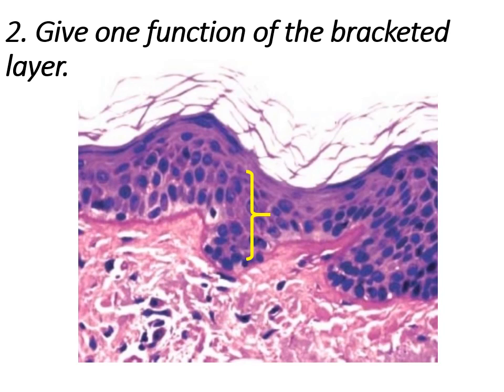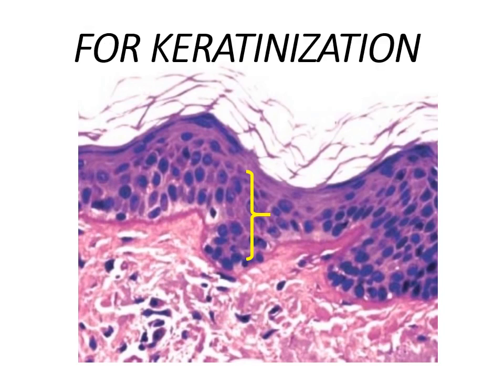Next item, give one function of the bracketed layer. So, the answer is for keratinization. Identify muna natin kung anong layer yung pinapoint ng question. And read the question carefully. So, baka yung iba sa inyo, agad-agad, no?